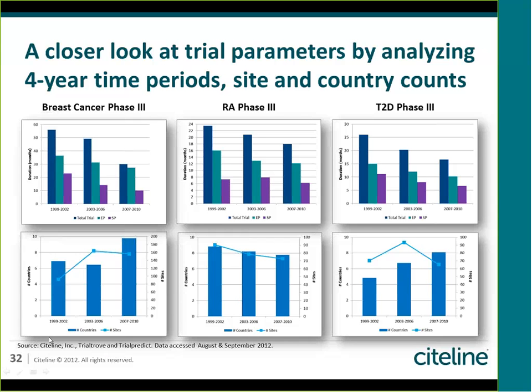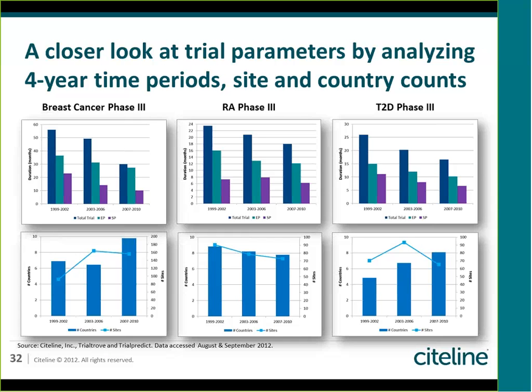If we start with breast cancer on the left side, from the first to the second time period, the number of sites in the blue line increases while the number of countries stays flat. Whereas moving from the second time period to the third time period, the number of sites remains flat and the number of countries increases. Looking at rheumatoid arthritis in the middle, there's a different picture.